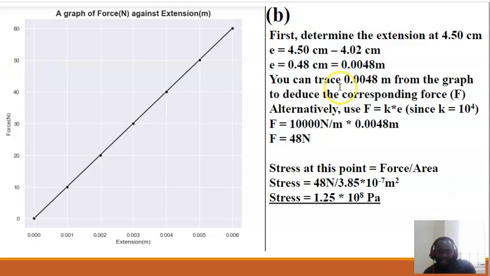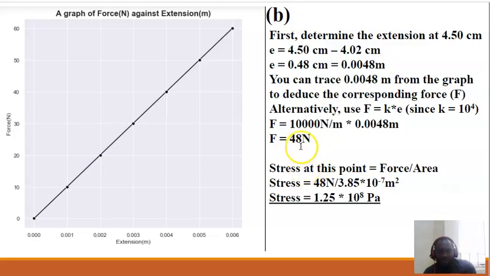Or alternatively, since you know the value of K and this extension, you can determine the force, because force will be equal to K, which is 10 to the power 4, which is 10,000 Newton per meter, multiplied by the extension that you have just calculated, 0.0048 meters. That will give you 48 Newton. So that's the force that will produce an extension of 0.0048 meters.